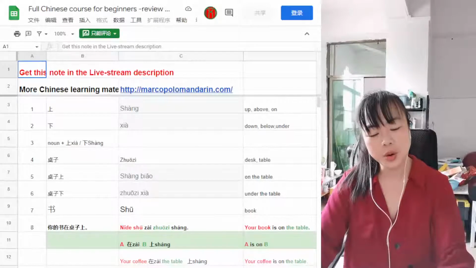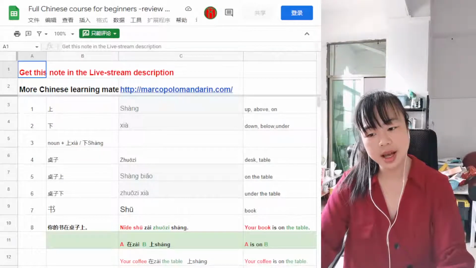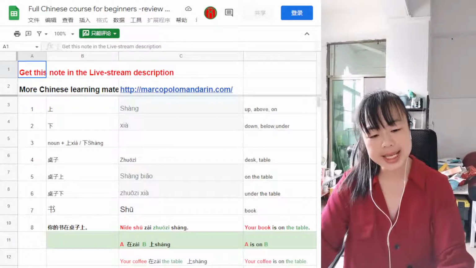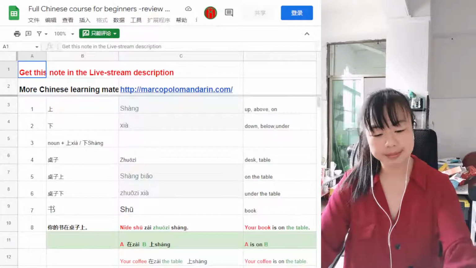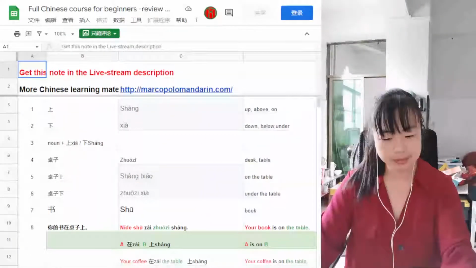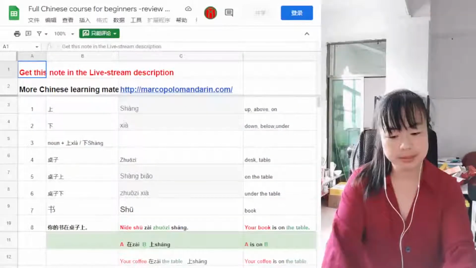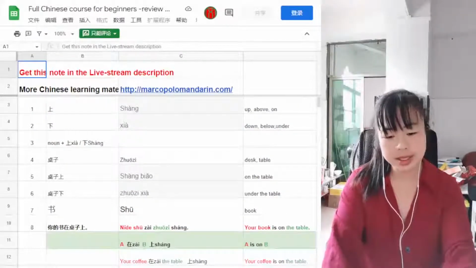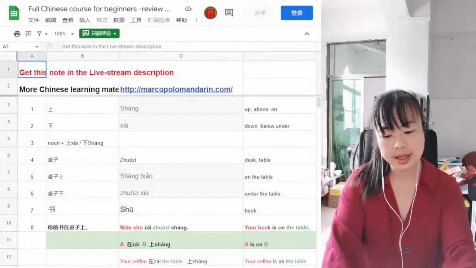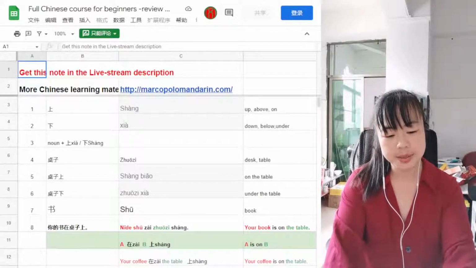Now, according to the pattern on line 22, we can say, 你的手机在书的 is optional.